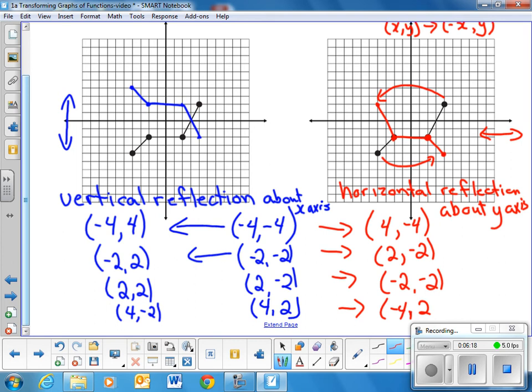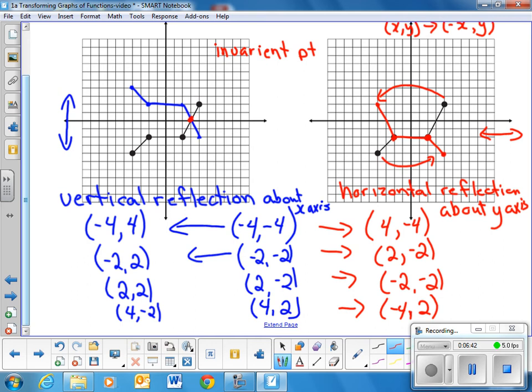Let's look at both of those graphs, and I want to look at what are called invariant points. Invariant points are points on our graph that don't change when they undergo a transformation. So in part A, the only point that didn't change is this point.